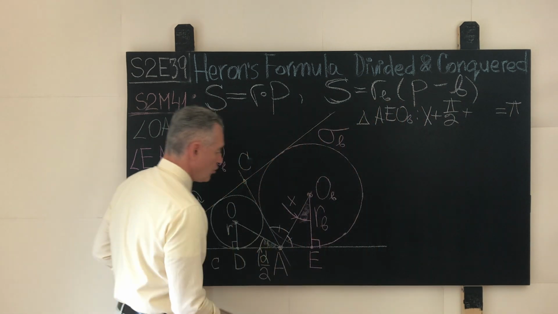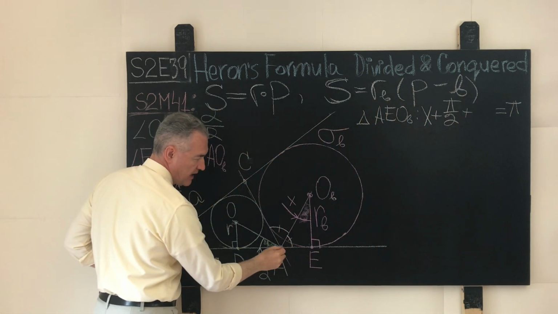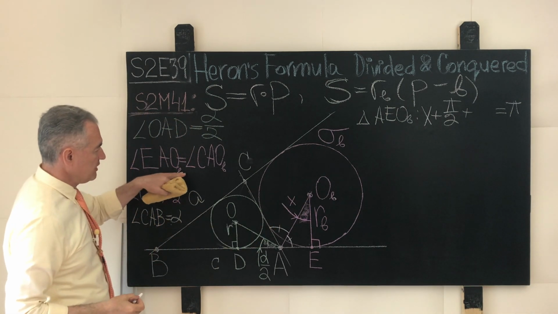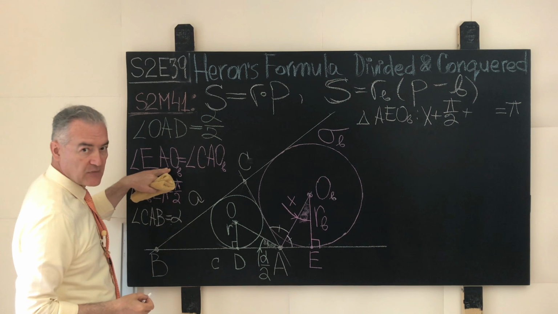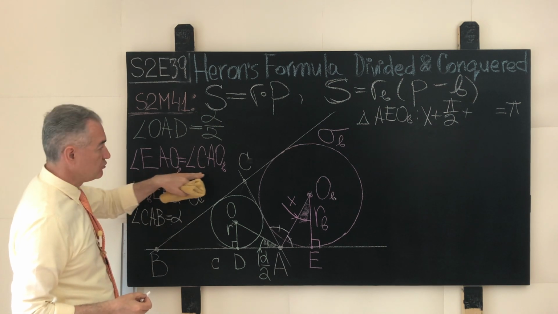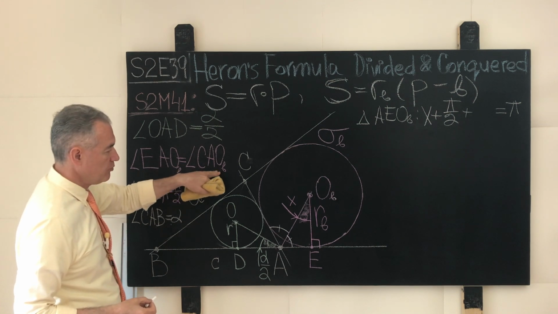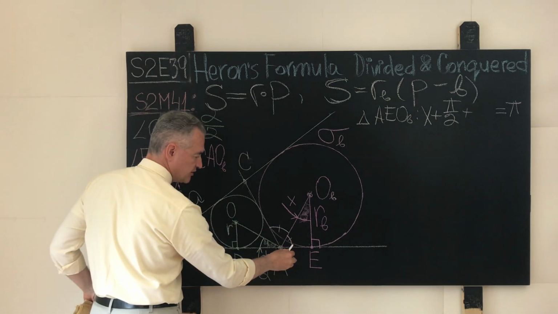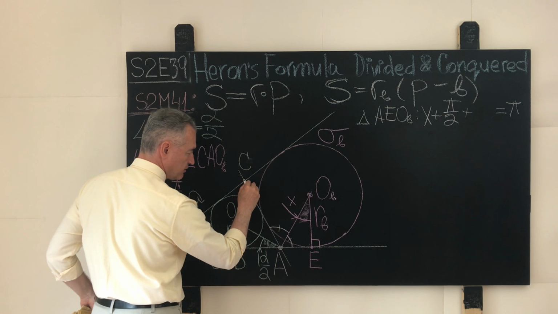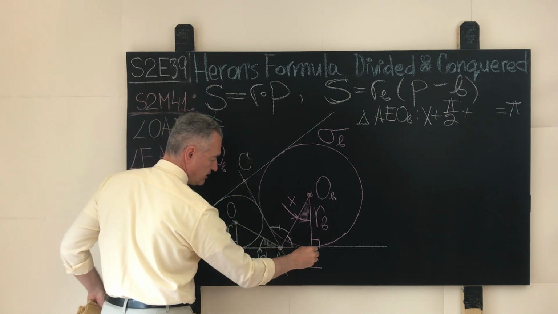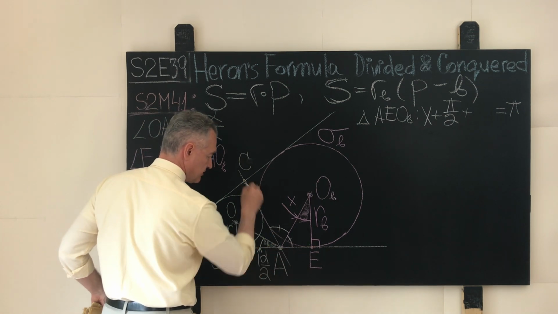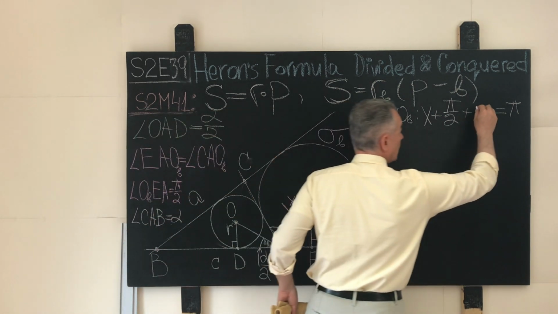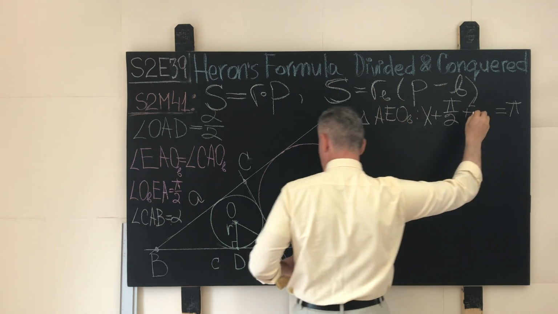Now, what is the magnitude of the angle EAOB? The magnitude of the angle EAOB is equal to the magnitude of the angle CAOB. That means that this angle is precisely 1/2 of the angle CAE or EAC. So let us write it down. The 1/2 of the angle, which one?